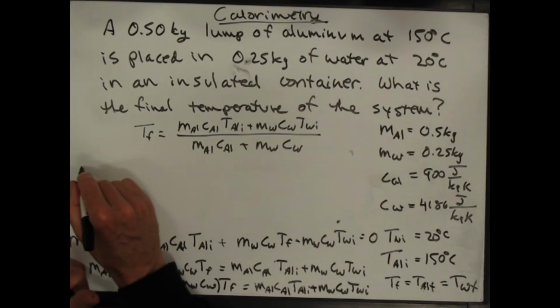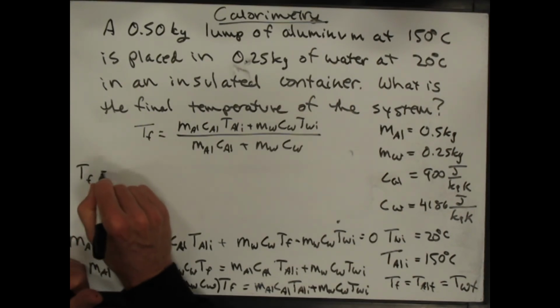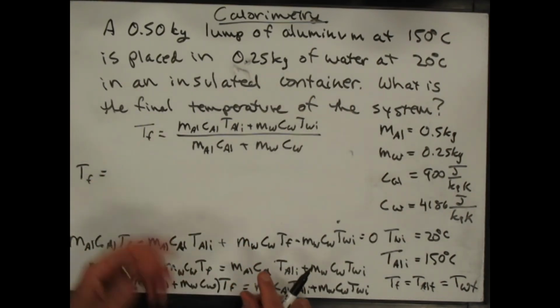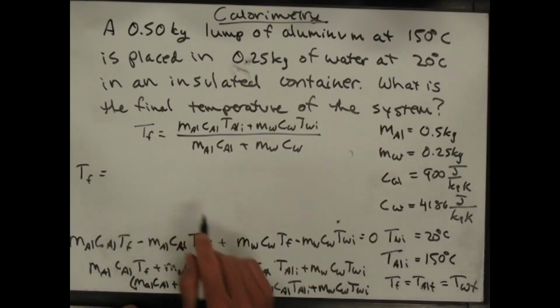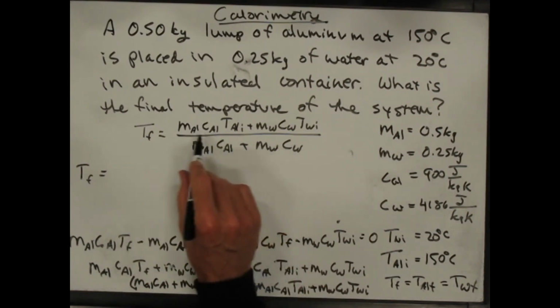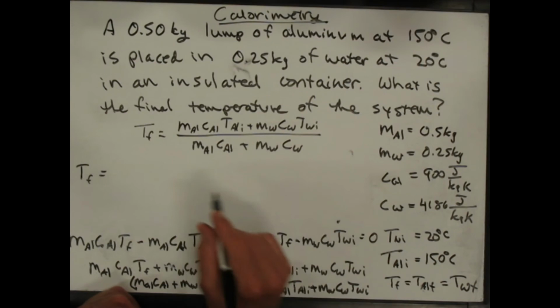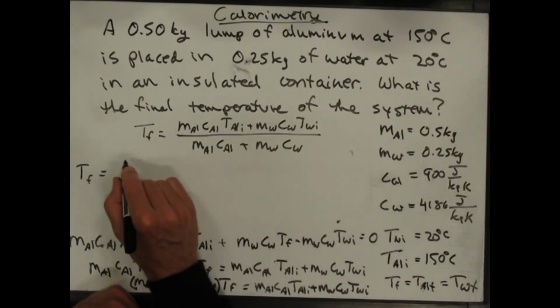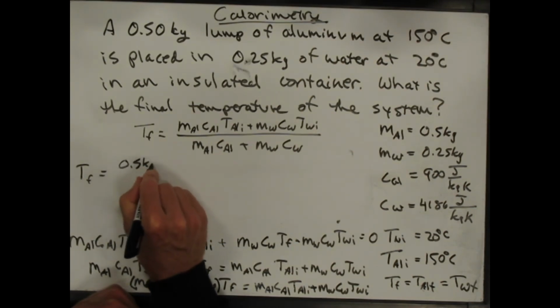And so I'll back up here because I'm going to have to start sticking numbers in. The thing about sticking numbers in is you've got a whole bunch more characters to write. That's another reason why it's so much better to keep letters until you absolutely need the numbers. So the mass of the aluminum is 0.5 kilograms.